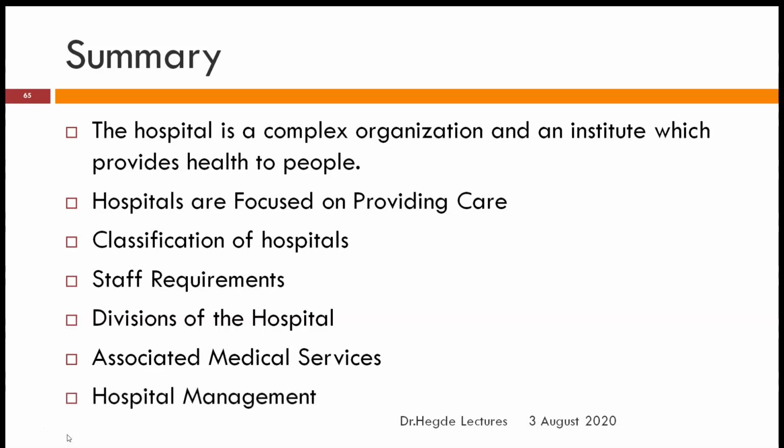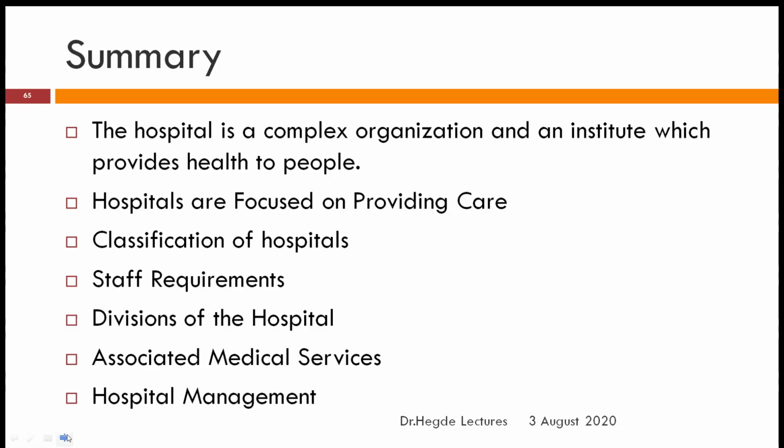And we have tried to understand the management part of the hospital, how it is carried out, and how the revenue comes, whether from pharmacy, surgery, or any other part, it is for the welfare of the patient. It's not for making revenue from the patient. Most hospitals do that, but it's only for the welfare of mankind, to provide patient care. Okay, that completes the whole chapter on hospital and its organization. Thank you.